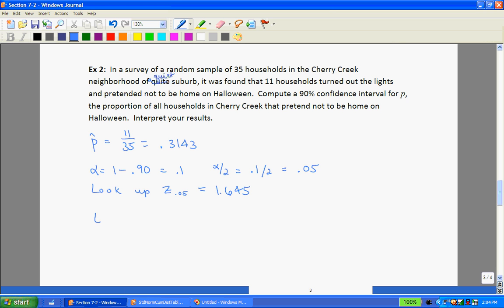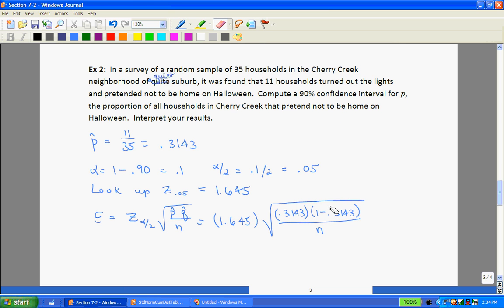Okay, now I need to find my margin of error E, which is Z sub alpha over 2 times the square root of P hat, Q hat over N. We found Z sub alpha over 2 to be 1.645. And we're going to multiply that by 0.3143 for P hat, and 1 minus 0.3143 for Q hat, all over N, well, the sample was 35 households.